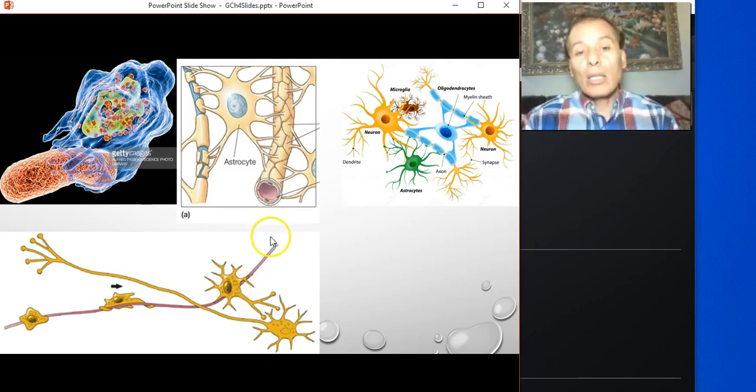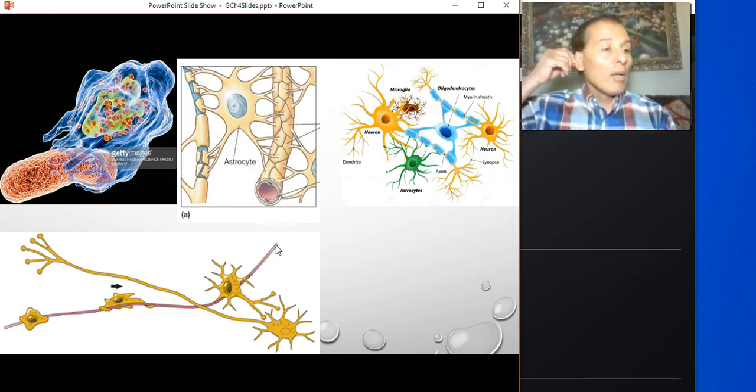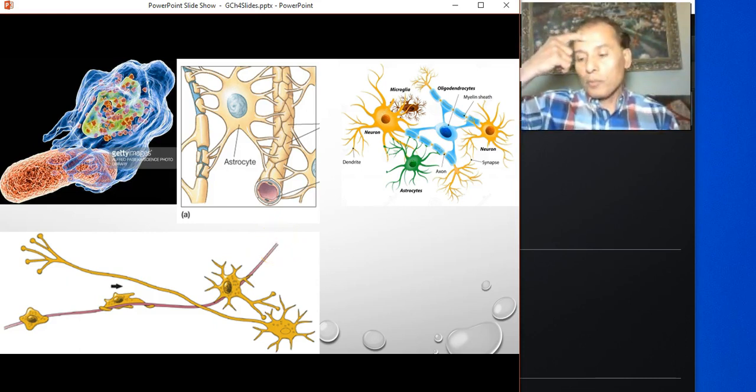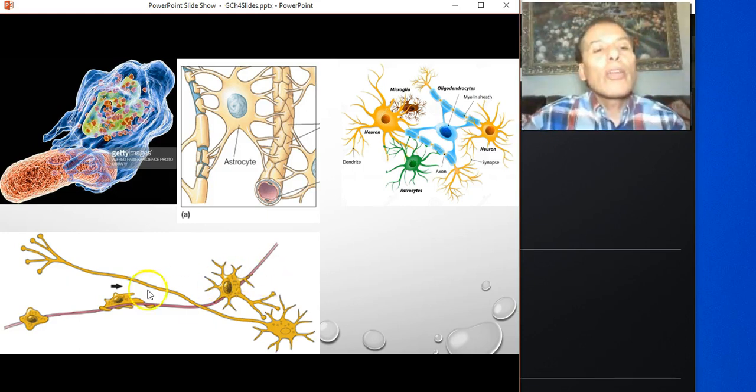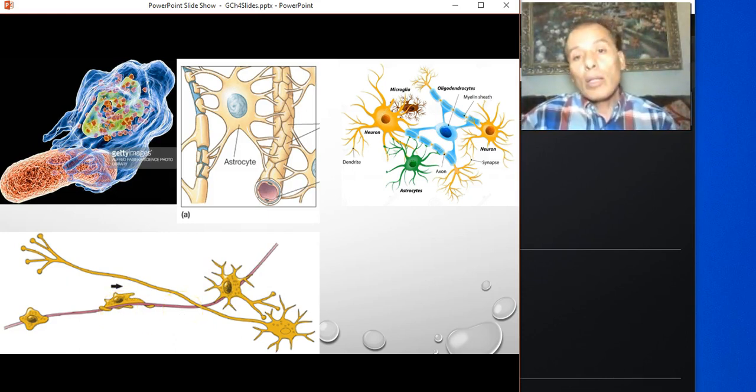And it knows exactly where it is going to be, if it will be part of your hearing, part of your cerebral cortex, part of your motor system, and you name it. So without the radial glial cells, neurons would not be able to find their destination, and any disruption of the migration process due to microglial cells will produce devastating damage.